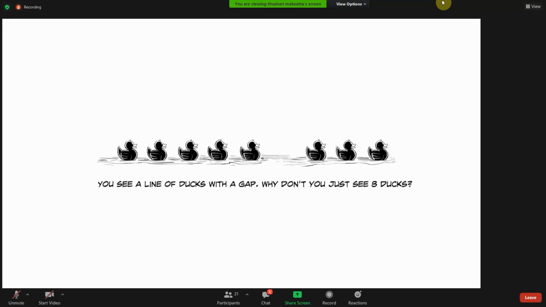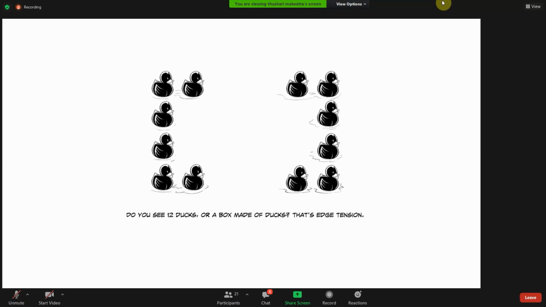Even though there's a visual, a picture, they are aligning as a line, then you feel it like a line. You are not going to count the number of the ducks. That's called line tension. This is called edge tension.